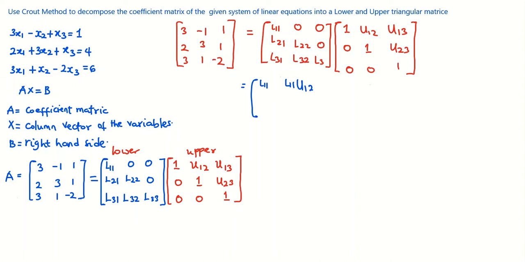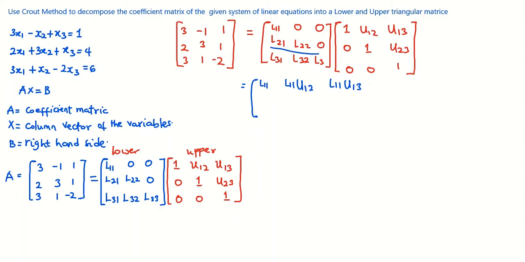You're going to get L11 times U13, plus this 0 multiplying U23, that gives us 0, and then plus this 0 multiplying the 1, and that also gives us 0. So this is what you get for row 1, column 2 and column 3. Now let's go to the next row.